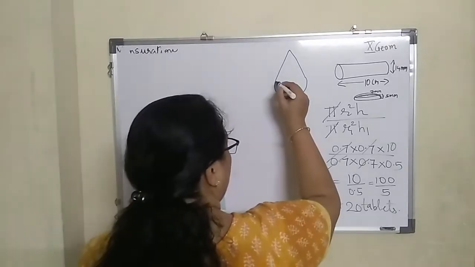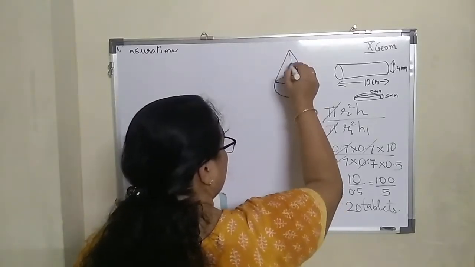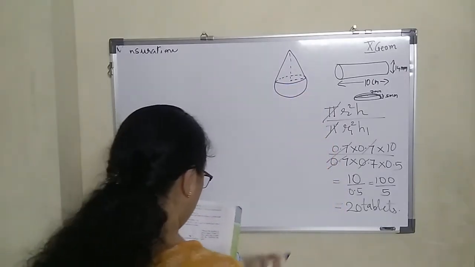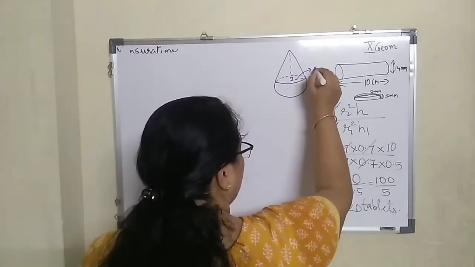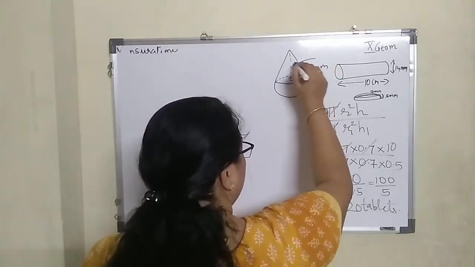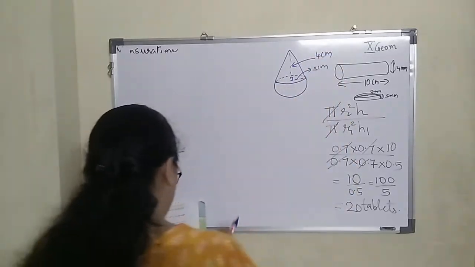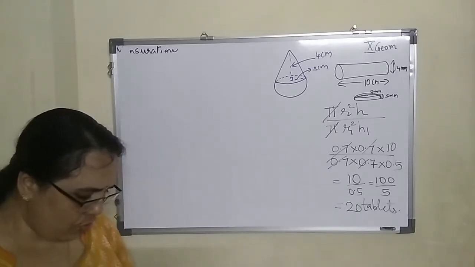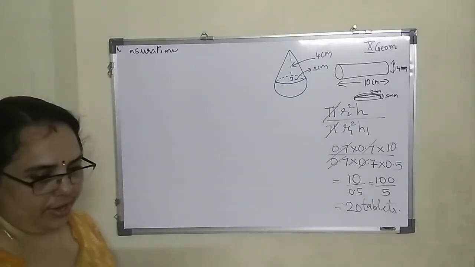You can see very clearly they have given us that conical part, right? And the radius is 3 centimeter. Perpendicular height is 4 centimeter. And now they are asking us to find the volume and surface area of the toy.